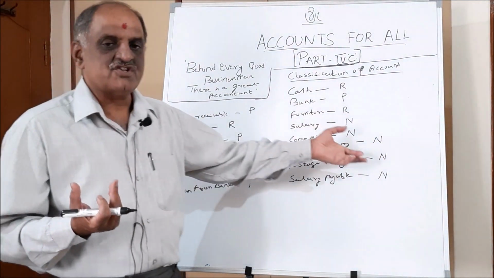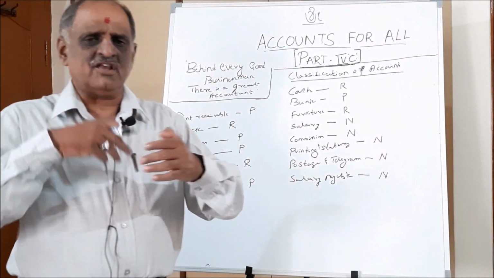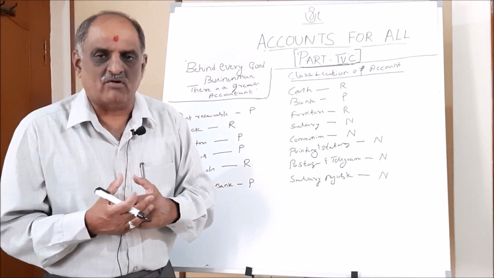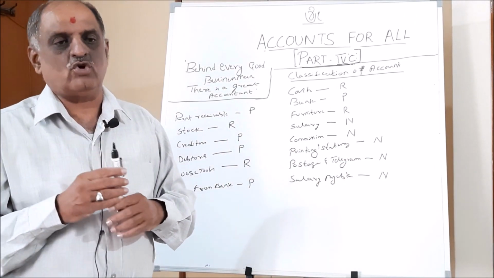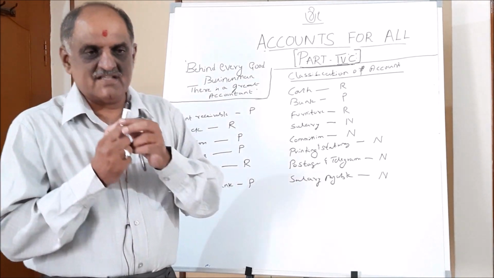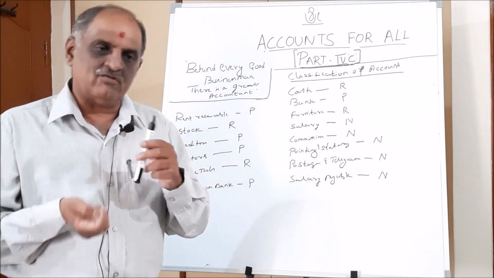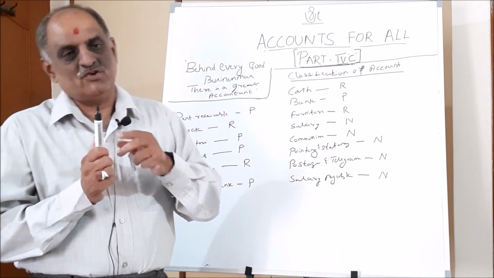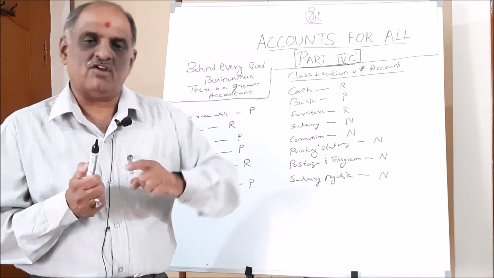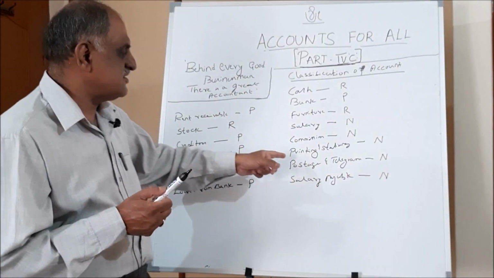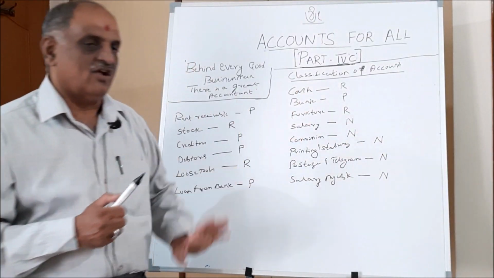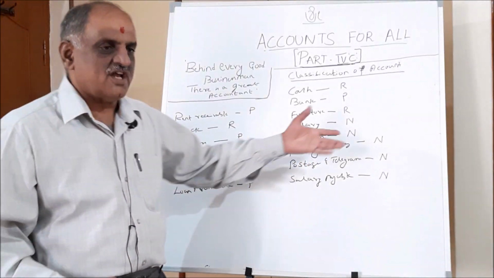Then printing and stationery, where we keep on spending the amount. You cannot have one pen throughout your life. If it is an ink pen, you will have to put ink in it. If it is a refill, you will have to change the refill. You have to keep on changing, and you have to spend money on that. So printing and stationery is a nominal account. Then postage and telegrams.